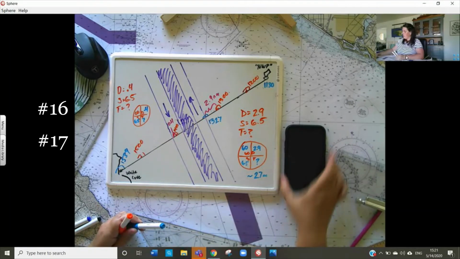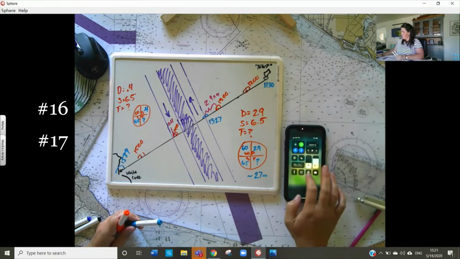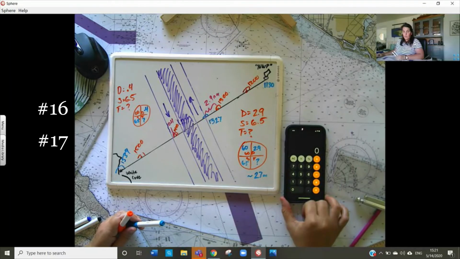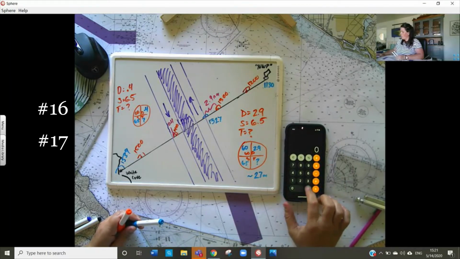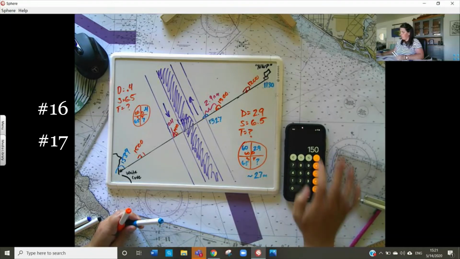Back to our calculator. We have 60 times 0.4 divided by 6.5.